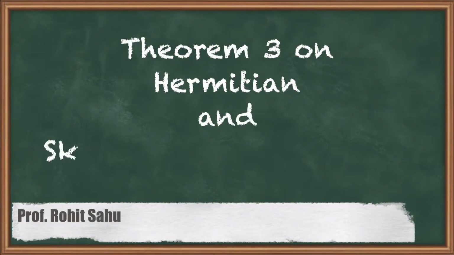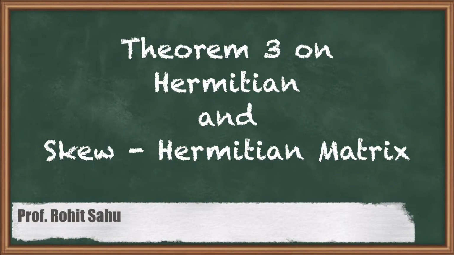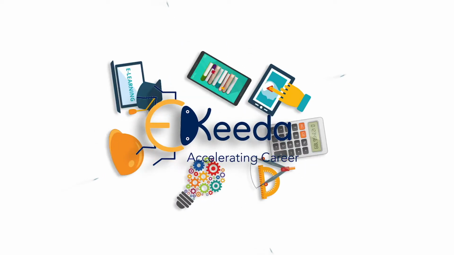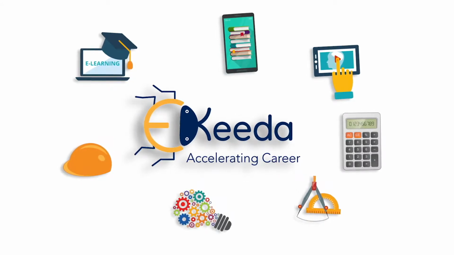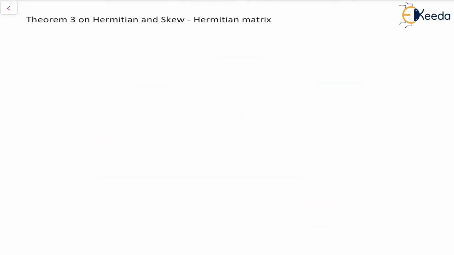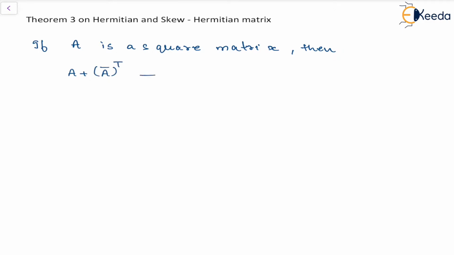Hello, in this session, we'll see Theorem 3 on the Hermitian and skew Hermitian matrix. So, it says that if A is a square matrix, then A plus A transpose conjugate will be a Hermitian matrix.